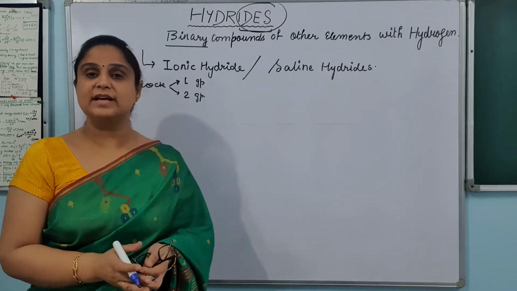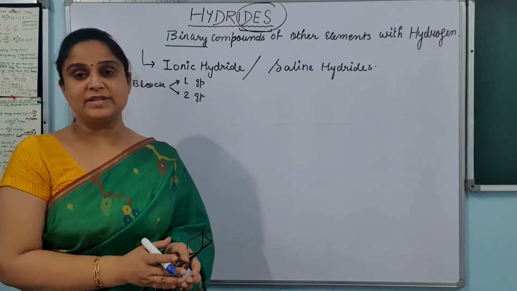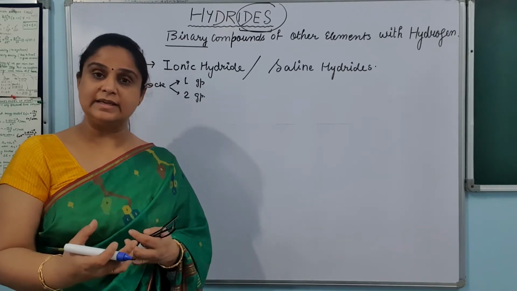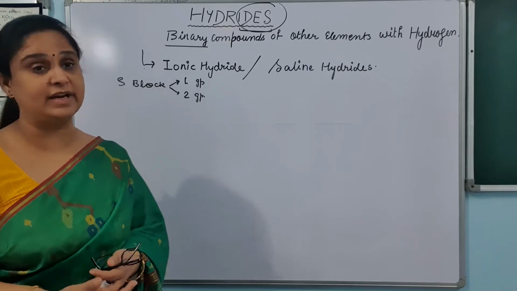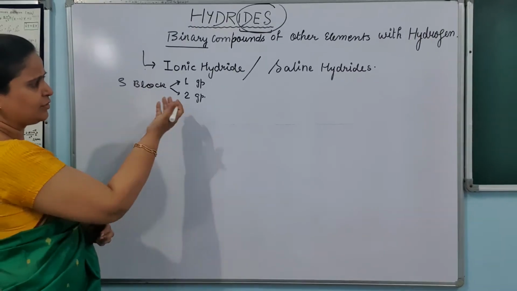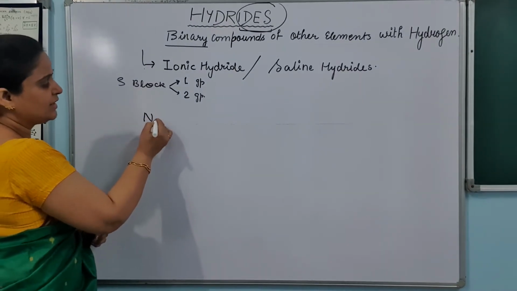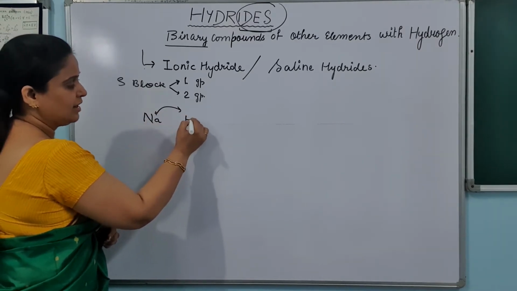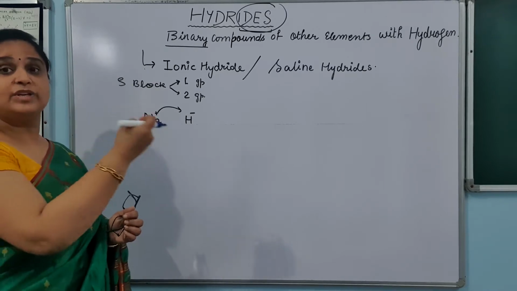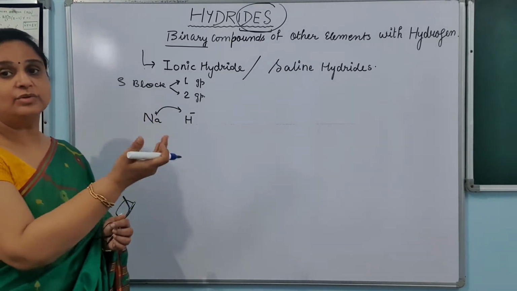We know that these elements are electropositive. They are highly ionic in nature, with a tendency to lose one electron so that they can make positive ions. Sodium can lose the electron, and this makes hydrogen gain the electron so that it turns into a minus ion.